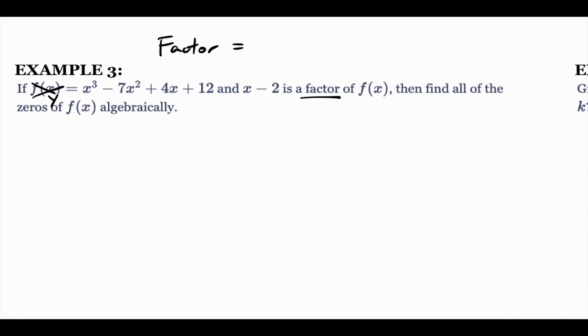Think of it in terms of remainders. If something is a factor, what is going to be my remainder every time? 0, because it goes in evenly, right? No remainder. That means if I divide this by x minus 2, I should get a remainder of 0. That's what it's saying.